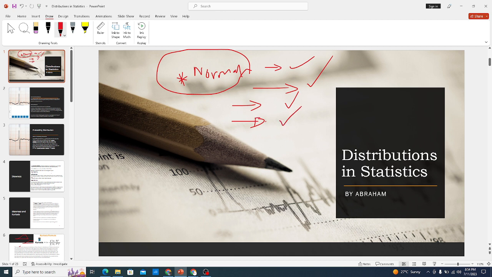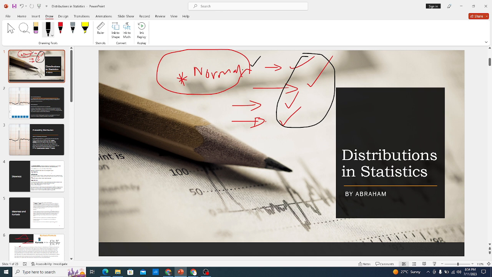So we use the normal distribution on a day-to-day basis. It has very many applications.